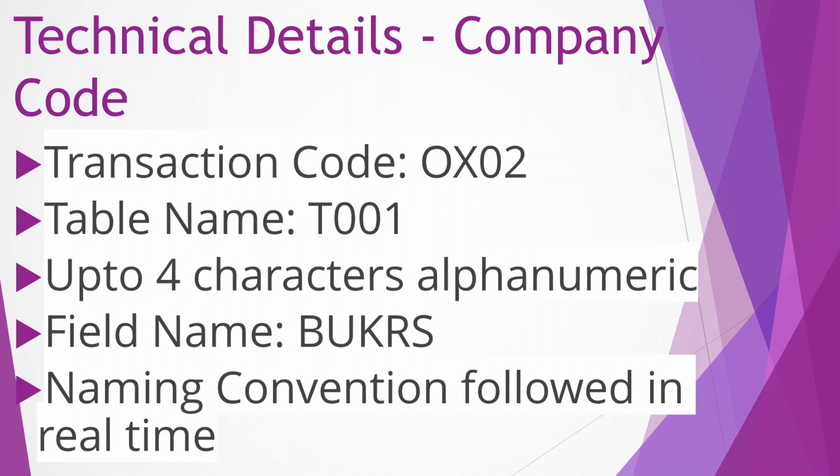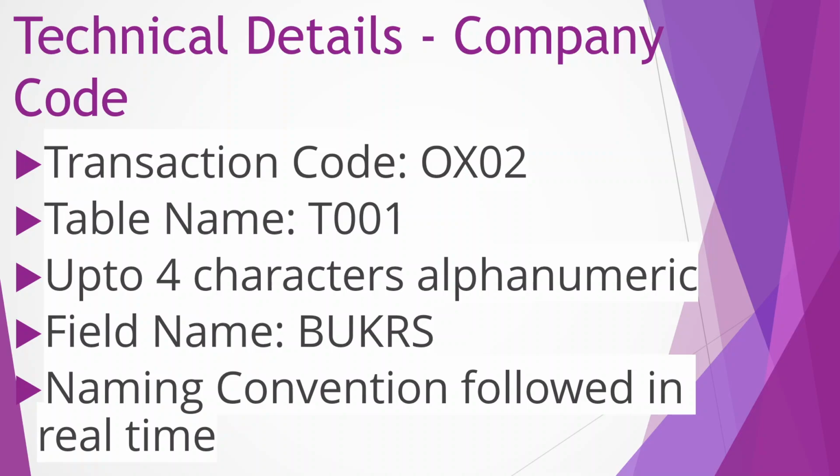Let us understand some of the technical details of the company code. The transaction code in which you create this company code is OX02. The table in which the company code details are usually stored is T001. That is the name of the table.